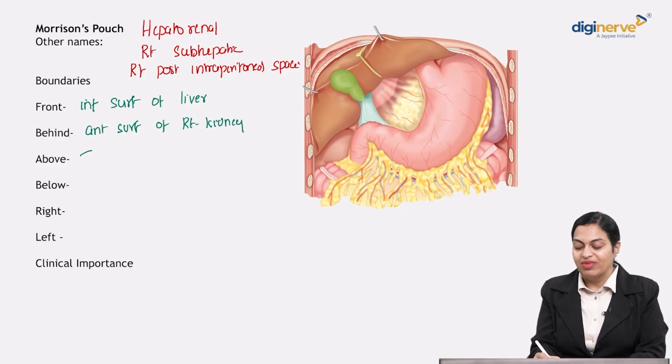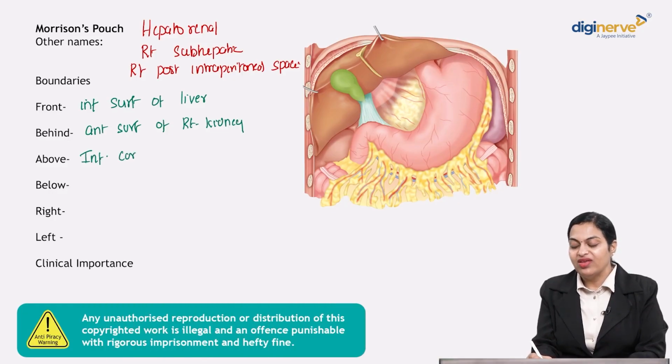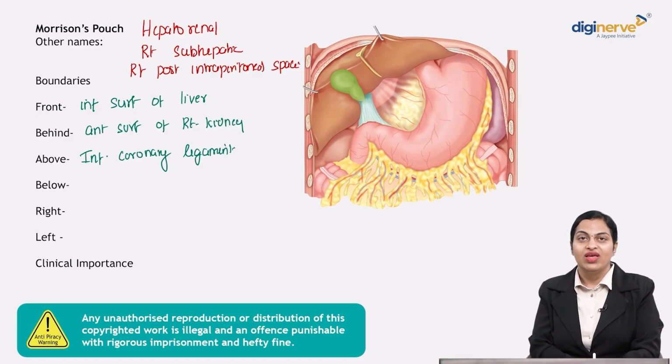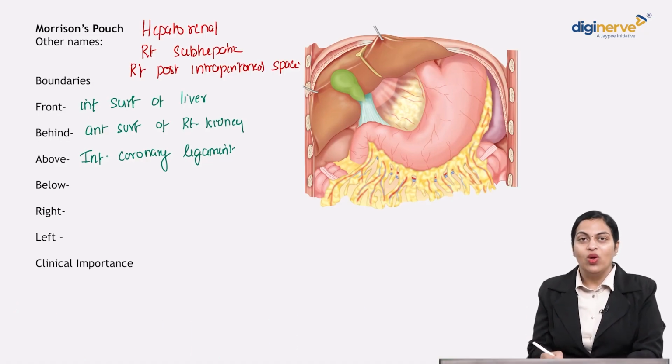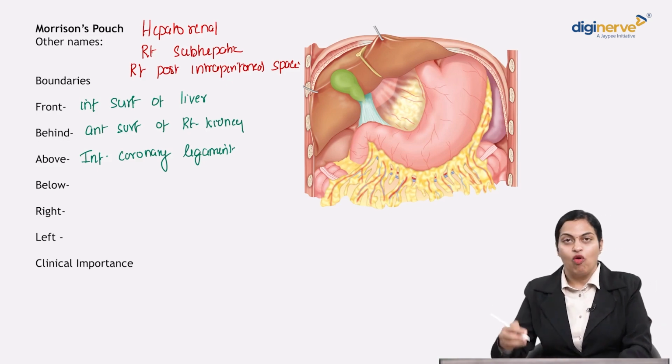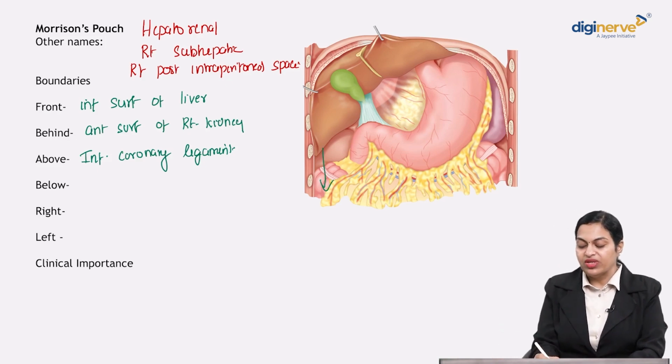Above, it is limited by the inferior coronary ligament. We saw the picture of it just now. It's derived from the ventral mesogastrium. And below, the hepatorenal pouch of Morrison is continuous with the right paracolic gutter.